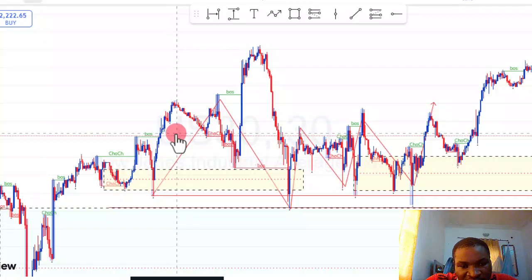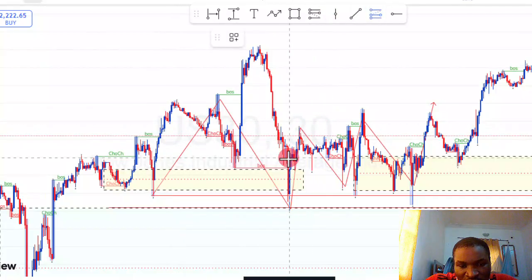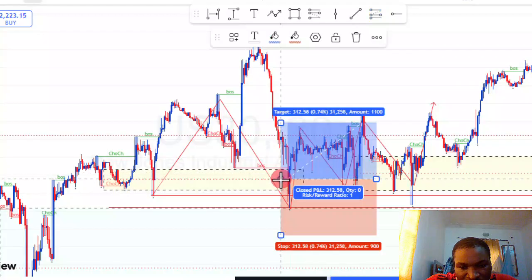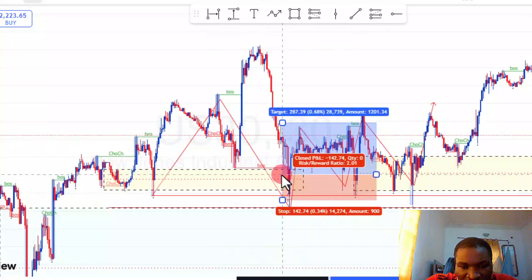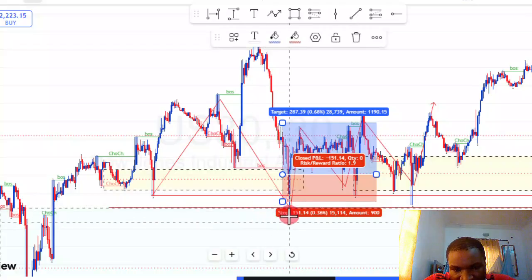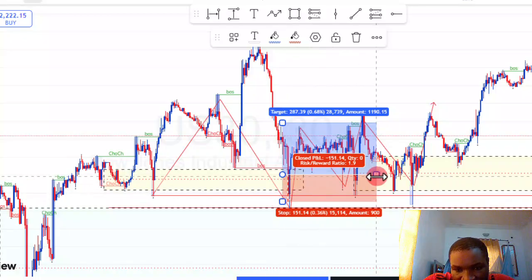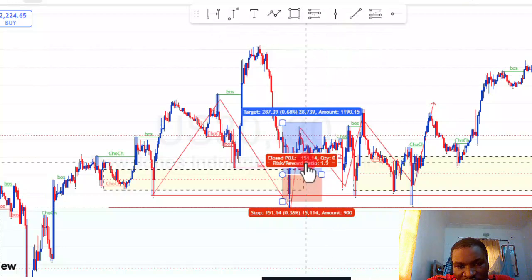In my first entry, I actually had a loss, so it's not something you hide or be shy about. Everybody can have a loss. Even though I extended my stop loss a bit, I still had an SL. So I just had to have patience for another trade to develop.